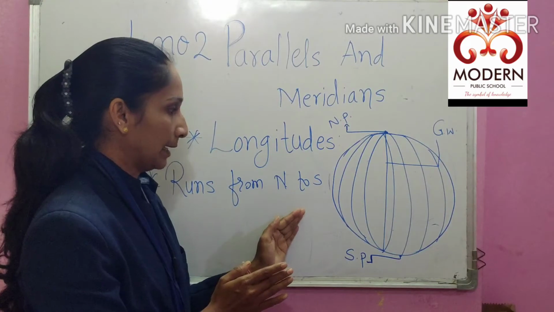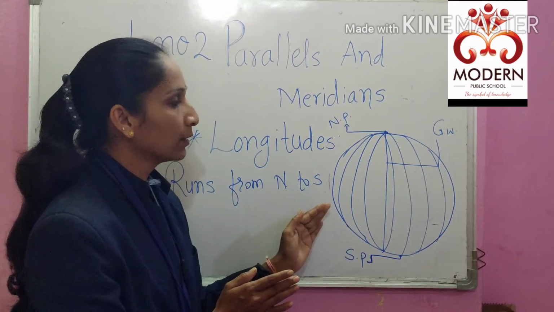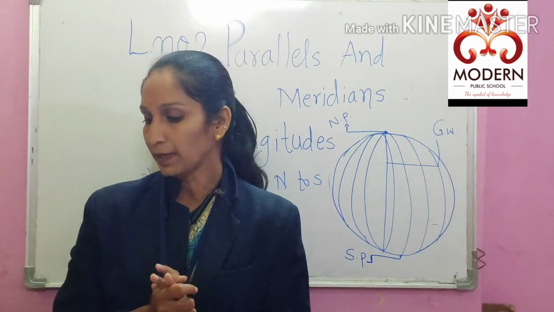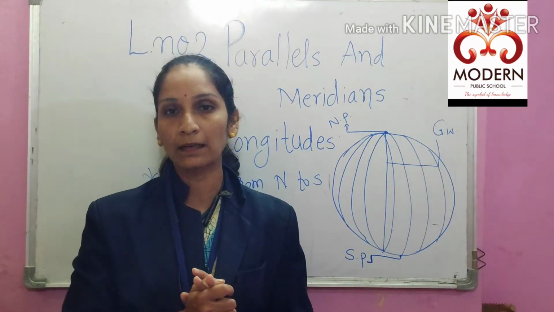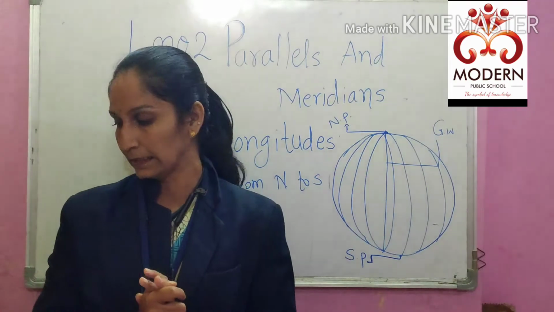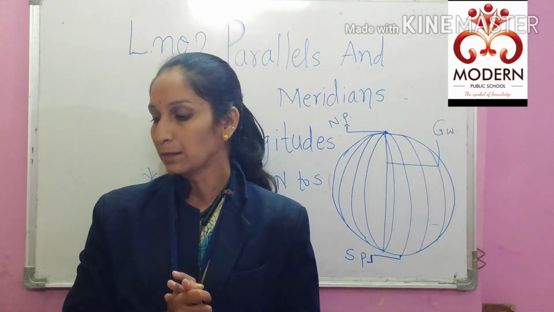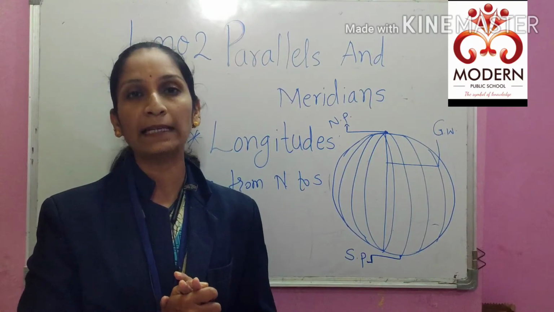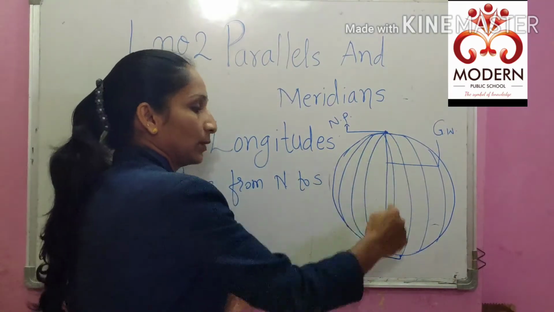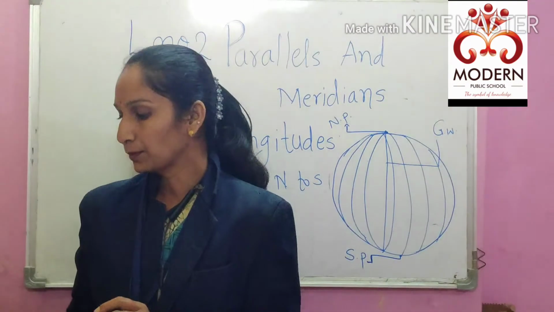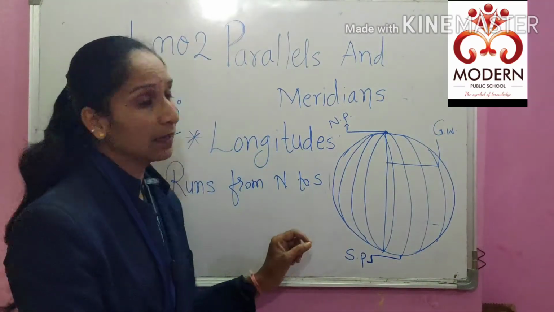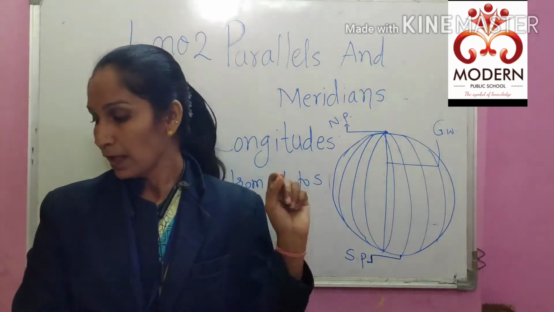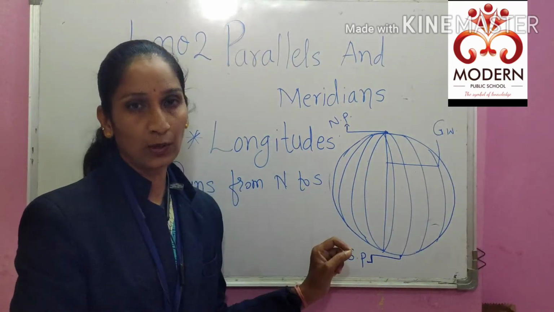Meridians cut the parallels at right angles of 90 degrees. You can see it here, and you should also draw the diagram of meridians, or lines of longitude.